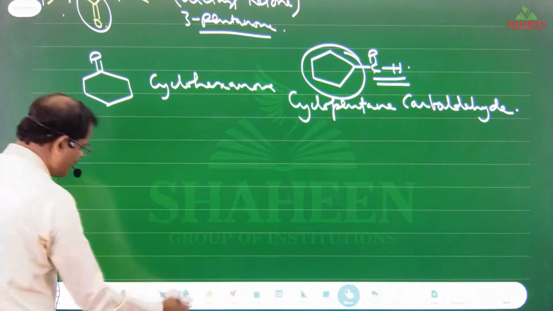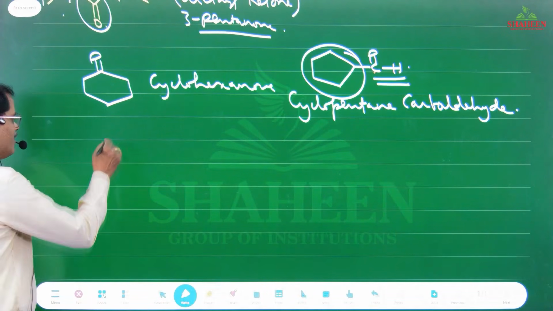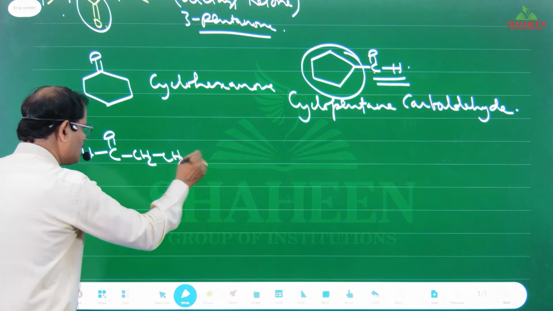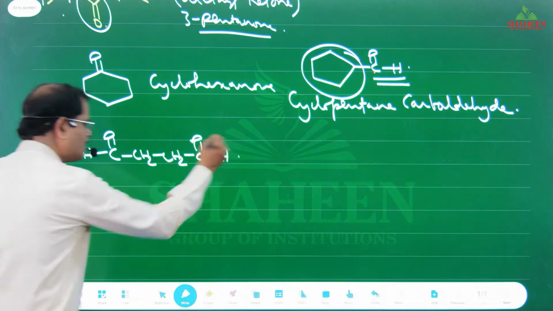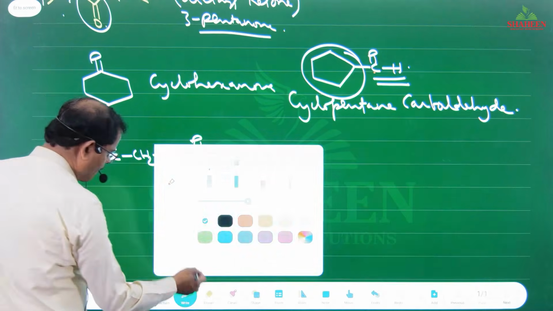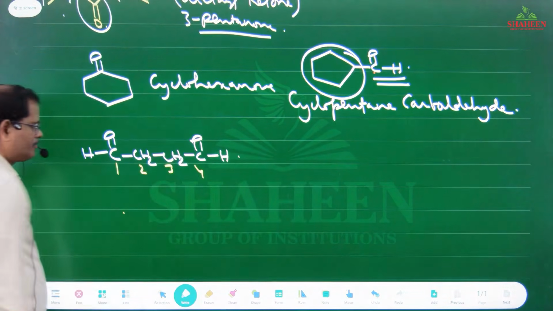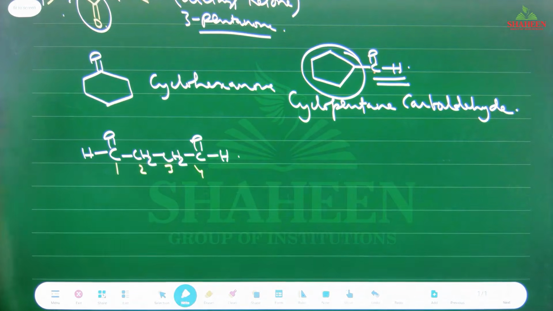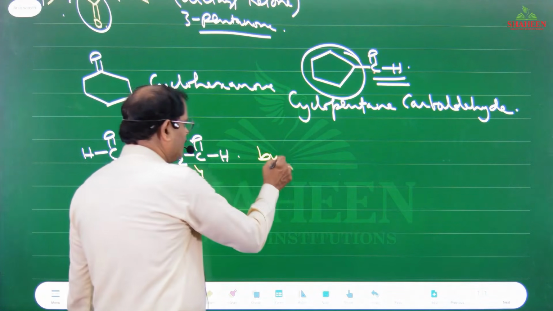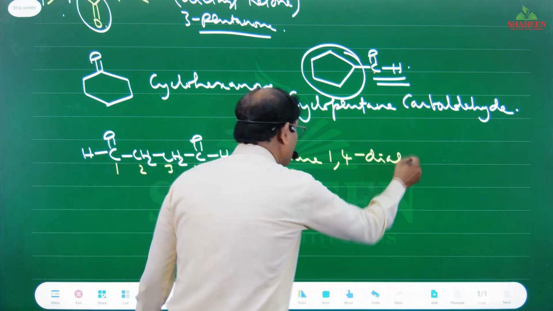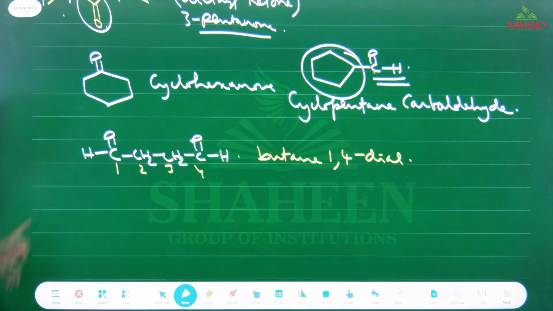Here we have O double bond CH, CH2, CH2, C double bond OH. This is called butane-1,4-dial.